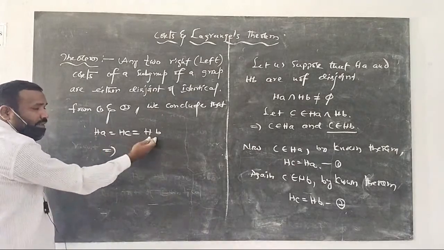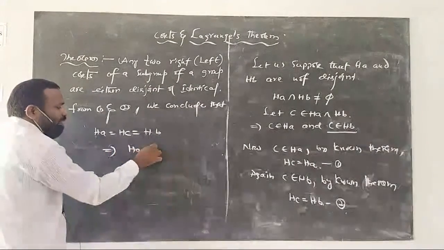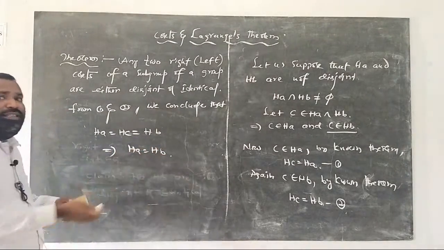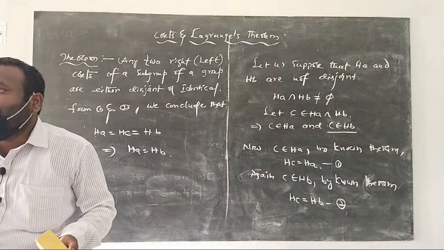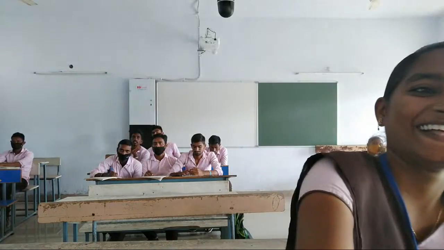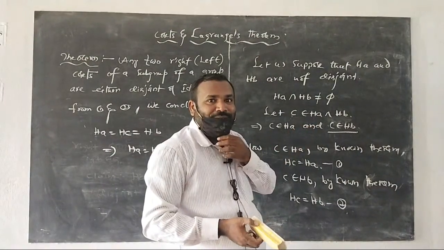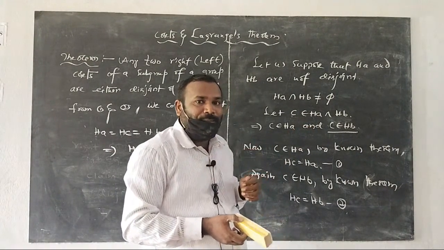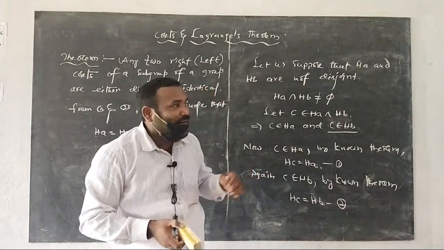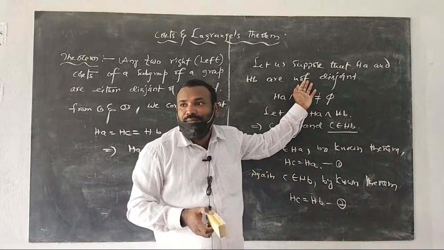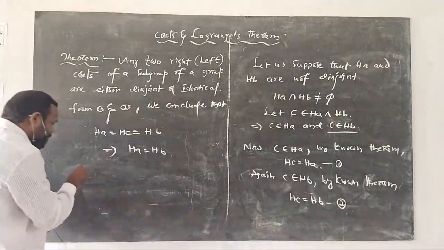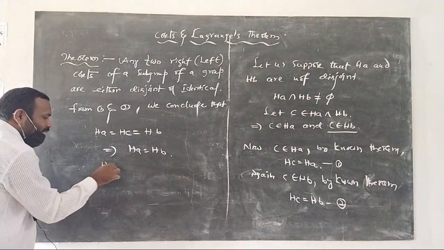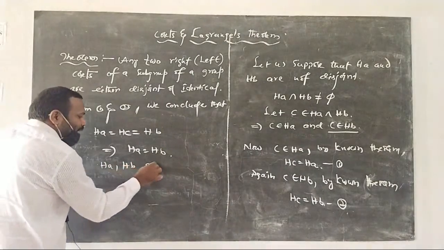From this, HA equals HB. That means the two right cosets are equal. So if they are not disjoint, then they are identical. Therefore HA and HB are identical.